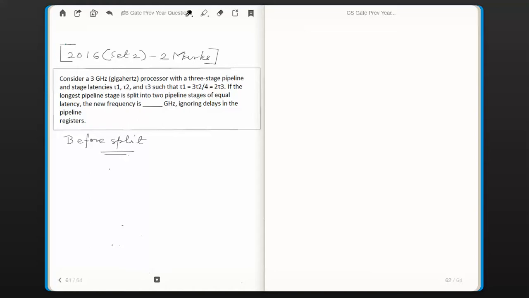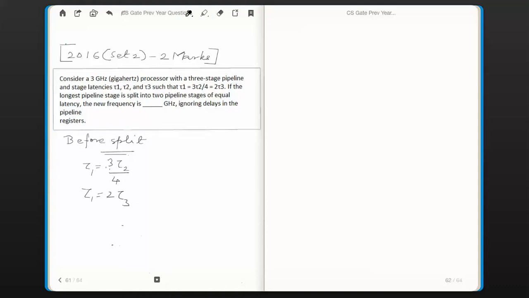Among these three, which one was largest? That is our target to find out. The relationships given are tau 1 is equal to 3 tau 2 by 4 and tau 1 is equal to 2 tau 3.